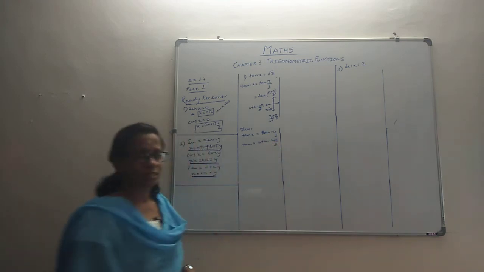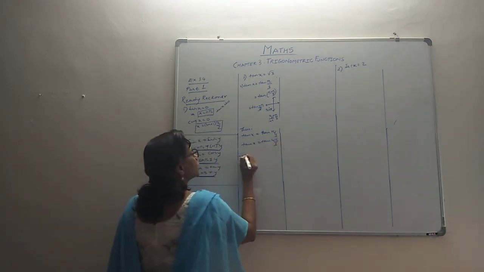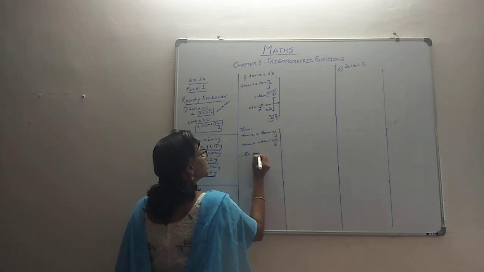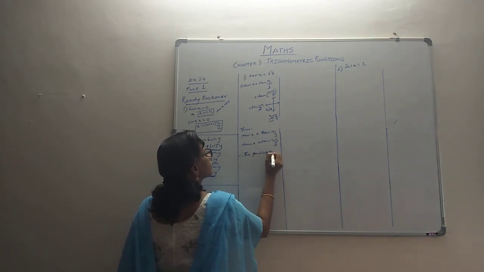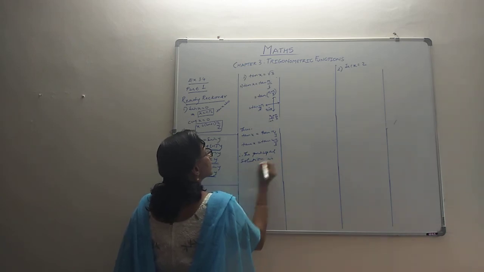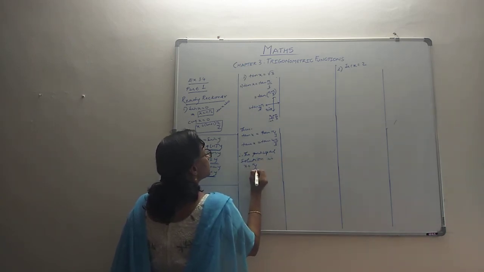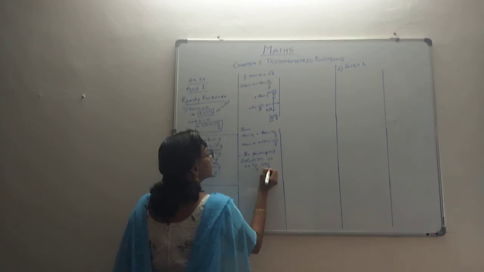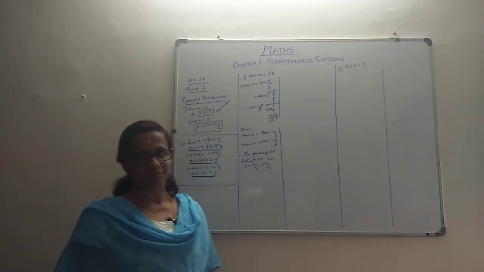This is how you get the principal solution. Therefore, the principal solution is x equal to pi by 3 comma 4 pi by 3. That is about the principal solution.